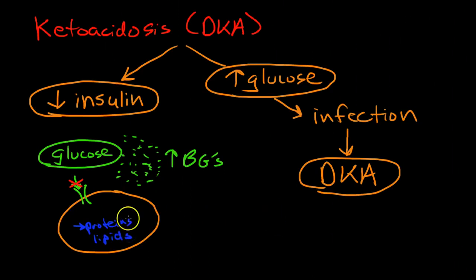Now our bodies can work fine with just proteins and lipids, but when we use a lot of proteins and lipids, one of the byproducts of their metabolism is ketone bodies, or keto acid.